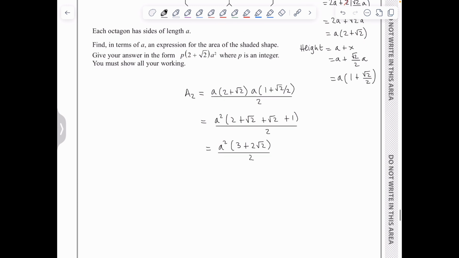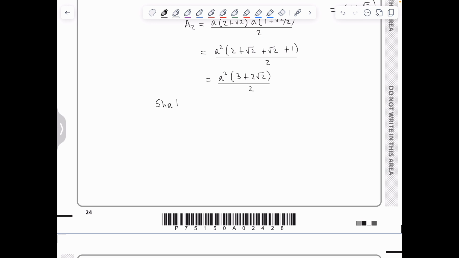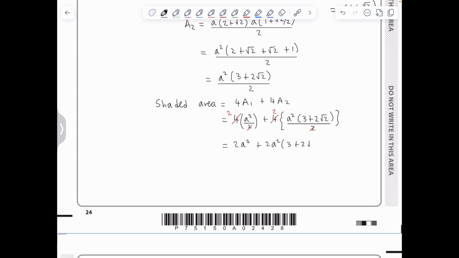So I can proceed for the shaded area. We said we've got 4 times the A1 plus the A2, so it's going to be 4A1 plus 4A2. We have found A1 to be a squared over 2, and we have found A2 to be a squared times 3 plus 2 root 2 over 2. So let's proceed with simplifying. The 4 with the 2 leaves me a 2, and similarly here. So all in all, we are looking at 2a squared plus 2a squared times 3 plus 2 root 2.